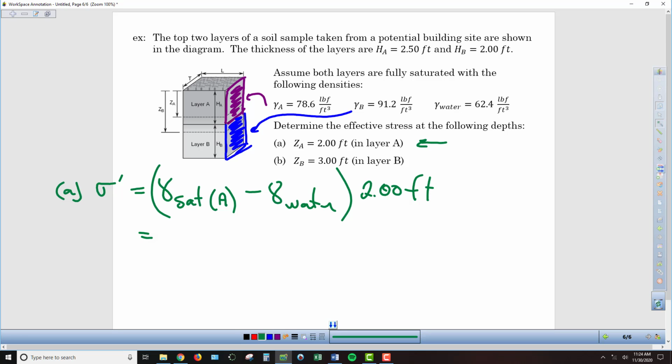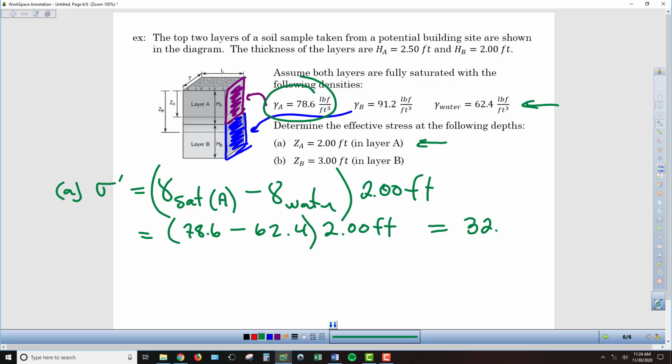So for our purposes here, the density of layer A is going to be that 78.6 minus the density of water given to us here, 62.4, times this 2-foot depth. And so then the end result is a stress of 32.4.